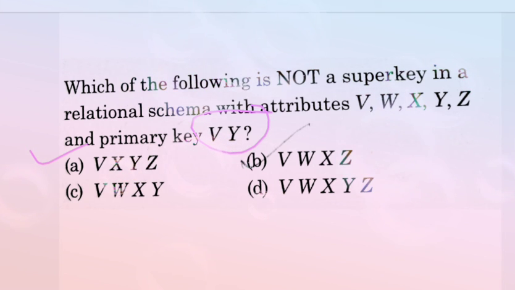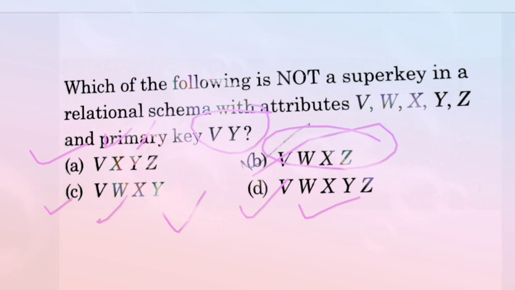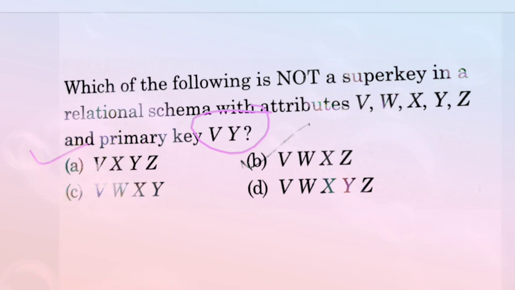Option A contains V and Y, option C has V and Y included, and option D has V and Y included, but in option B V is included but Y is not. So for this reason option B is the correct answer.